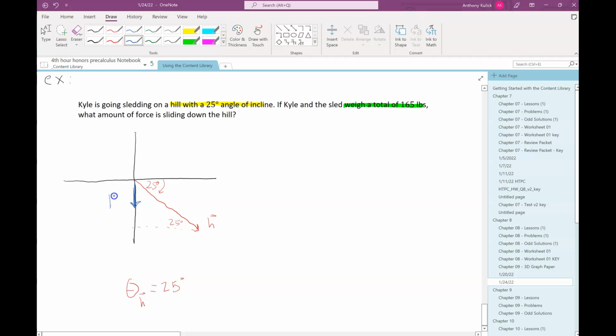So let's call it G for gravity. That makes more sense. And so what are we doing then? There's my vector W. So this guy right here would be my projection of gravity onto the hill.